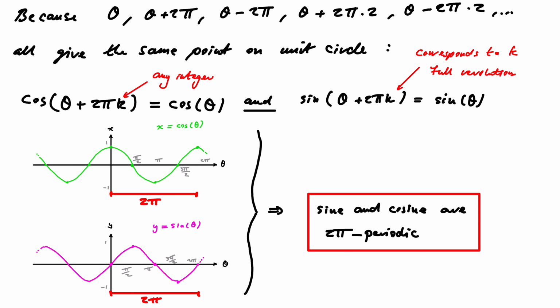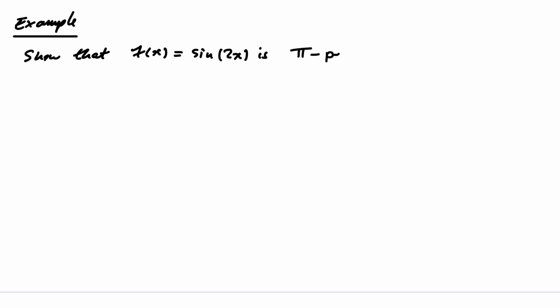Okay, so let's do an example which is easy to get confused about. If sine and cosine are 2 pi periodic, what happens when I transform them a little bit? So here's a really nice, kind of challenging example based on this. Show that f(x) equals sine of 2x is pi periodic.